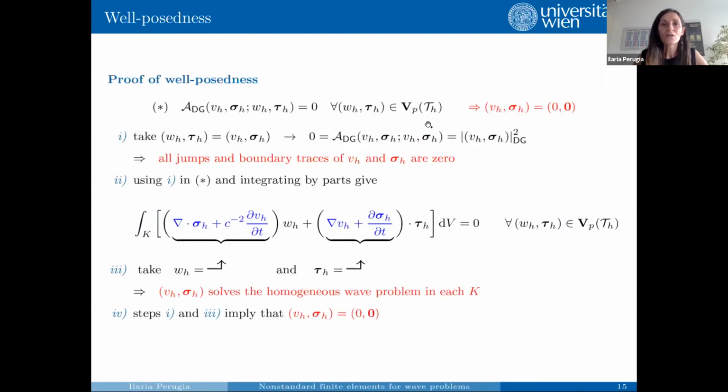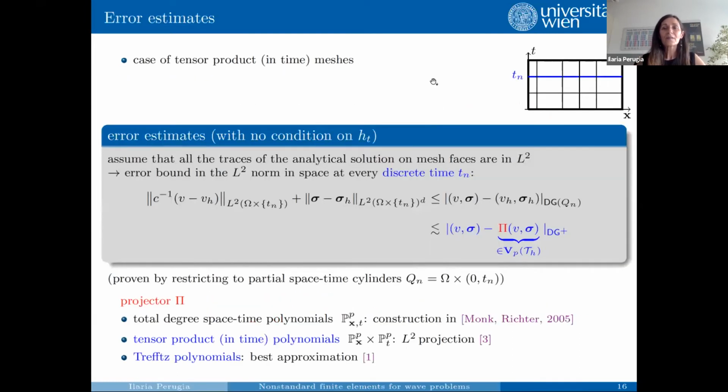I don't enter into that, but then I can say that in an almost straightforward way, you also have a control of the error at discrete times, without imposing any condition on the size of the elements in time with respect to the size of the elements in space.